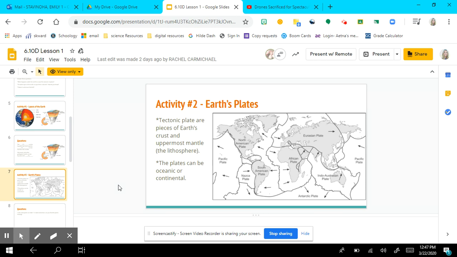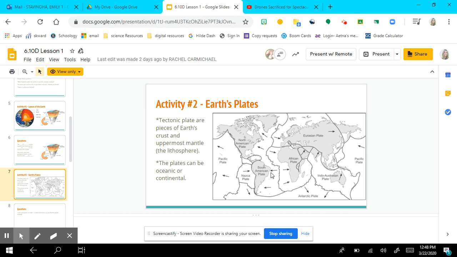Something else to notice on this map are the arrows. When we see arrows, we always think about direction, don't we? So that's what these arrows are showing. They're showing us the direction in which the plate is moving. For example, this Nazca plate is moving towards the South American plate.